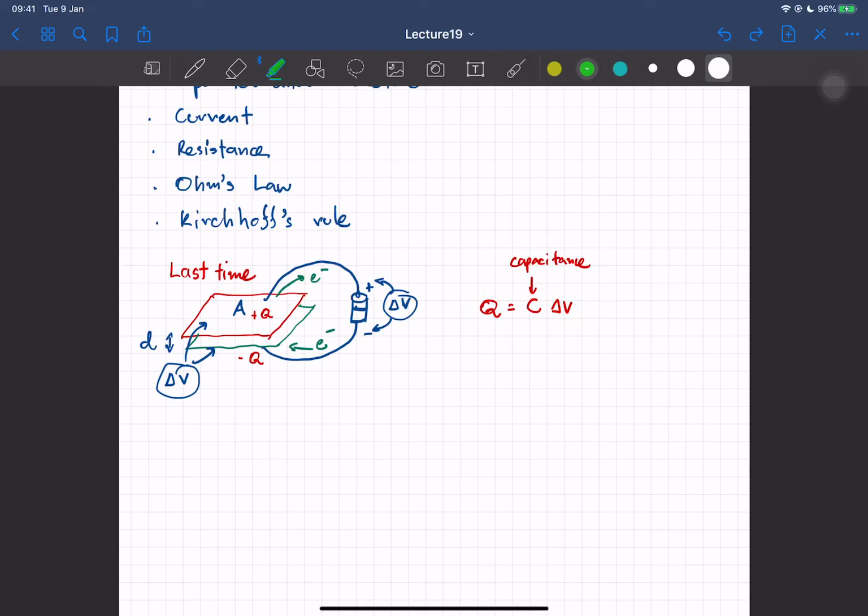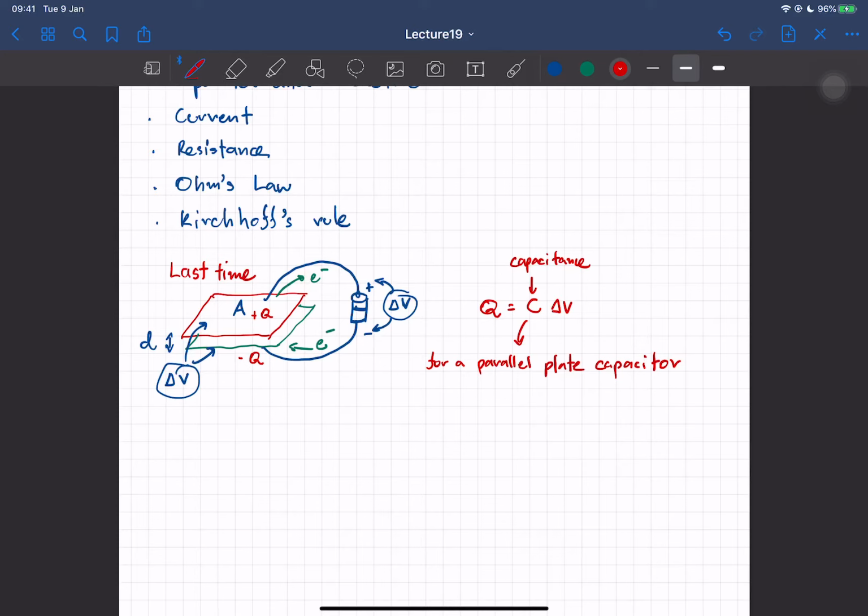And C here again, it depends on how you set up the capacitor. In this particular case, I say for a parallel plate capacitor, which is a capacitor built like this. There are many ways of building a capacitor. This just happens to be the easiest way.